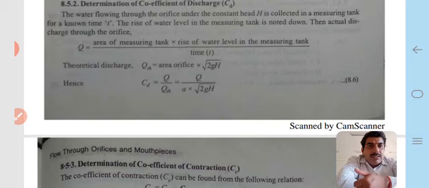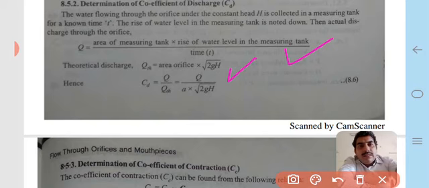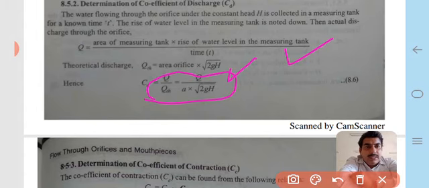Then actual discharge through the orifice Q is equal to area of measuring tank into rise of water level in the measuring tank divided by time. Theoretical discharge is area of orifice into under root 2gh, that is, the theoretical velocity. Hence the coefficient of discharge is equal to actual discharge upon theoretical discharge, and putting the values, the coefficient of discharge is equal to Q upon small a under root 2gh.